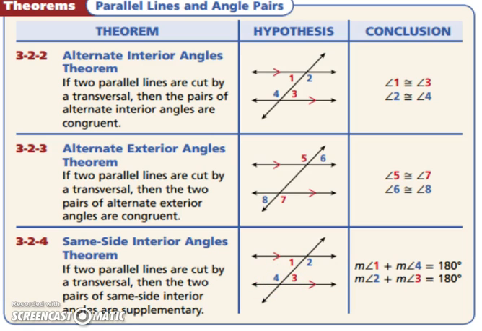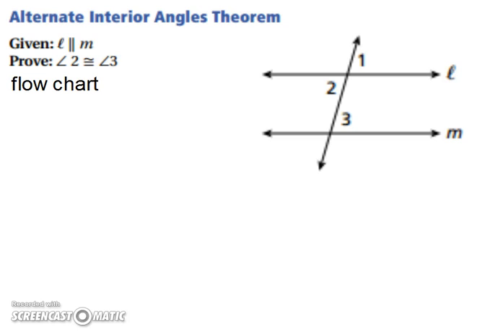Let's look at a proof. We're given that line L is parallel to line M, and we want to prove that angle 2 is congruent to angle 3. For this one, we're going to practice using a flowchart.